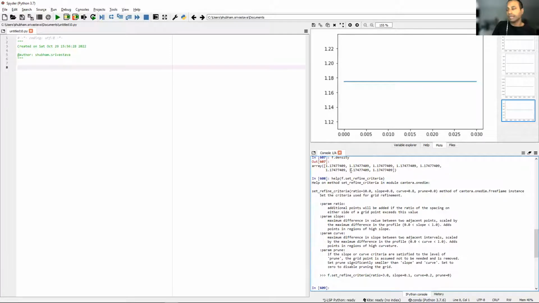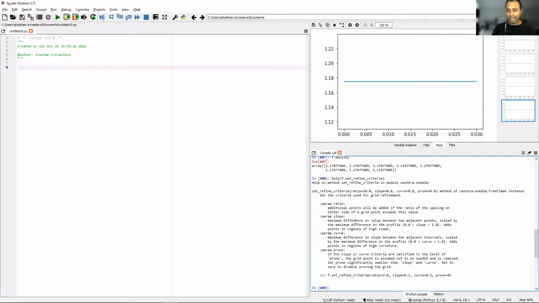With set refine criteria, you can tell Cantera how to refine these grid points as the simulation progresses. There are a couple of inputs that you can provide: ratio, slope, curve, and prune. I personally only use ratio, slope, and curve, and I will give you some default values that I typically like for my flame simulations.